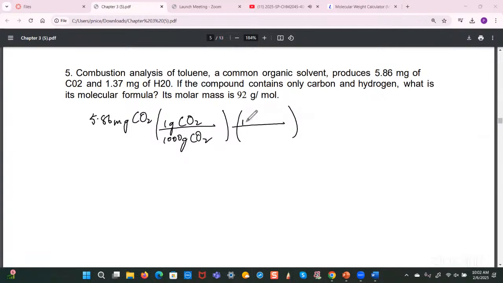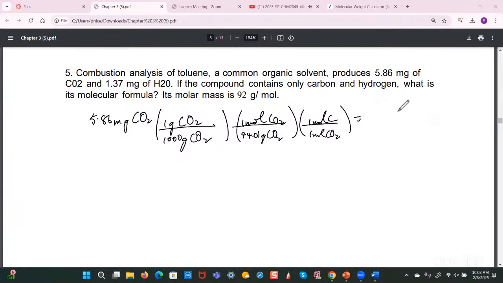So 1 mole of CO2 above, and the molar mass of carbon dioxide, which is 44.01 grams of CO2 below, and then 1 mole of CO2 down here, 1 mole of carbon above. So let's see what I get. That's 5.86 divided by 1,000, divided by 44.01.